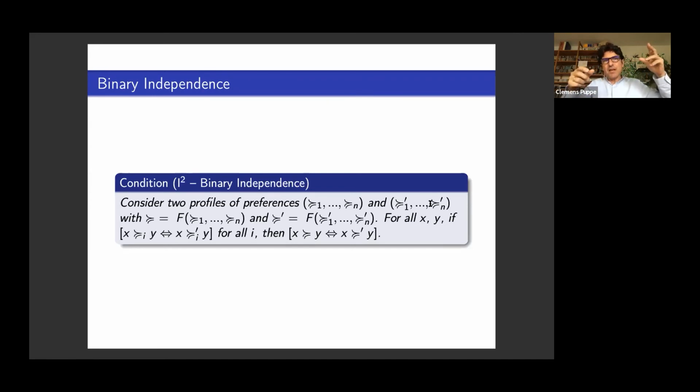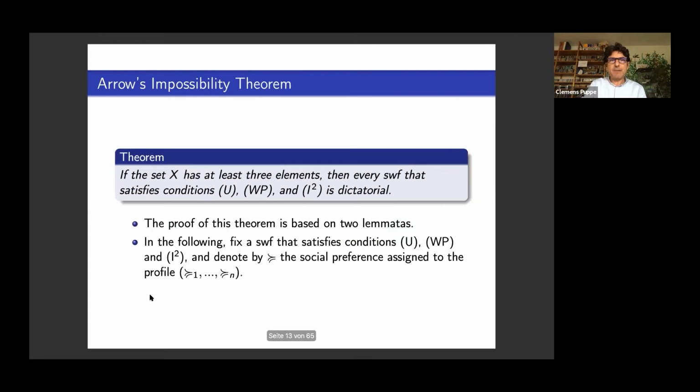Other things change, but not the preference between X and Y. For every voter, nothing changes in the preference between X and Y. Then, for the group, nothing should change. So if you apply this social welfare function, F, which represents the group preference, then the group preference should not change between X and Y, of course, only. Okay? So this is the Arrow condition of binary independence.